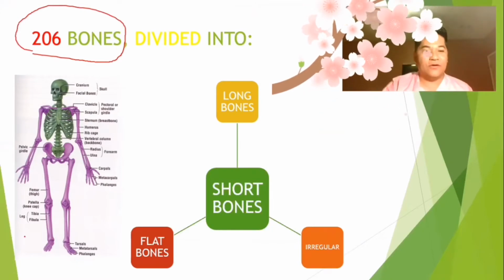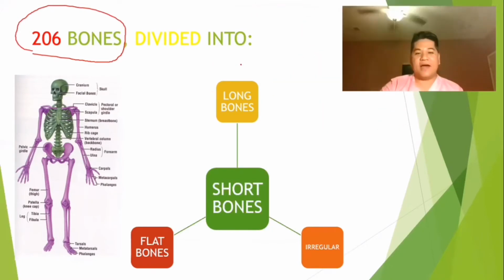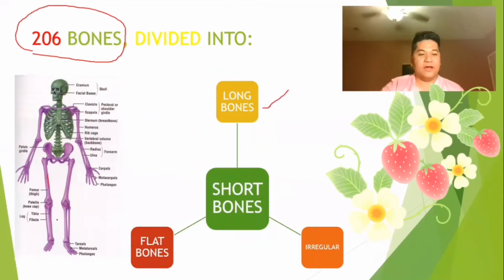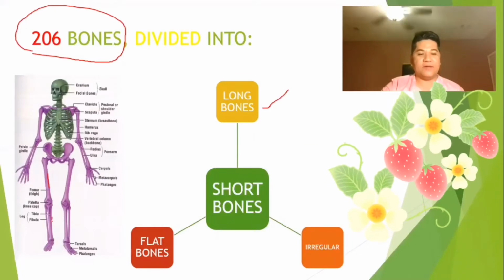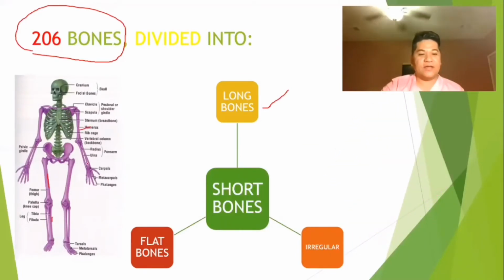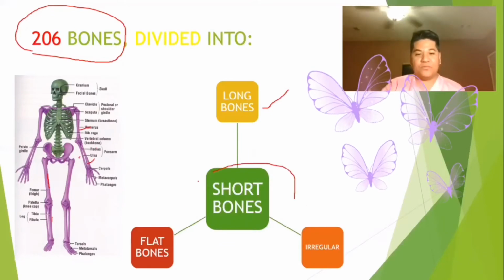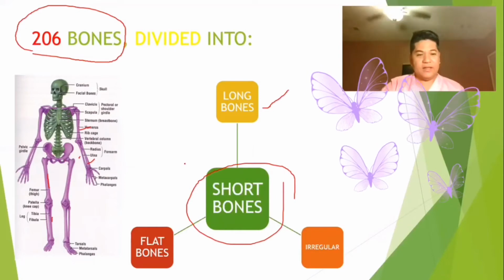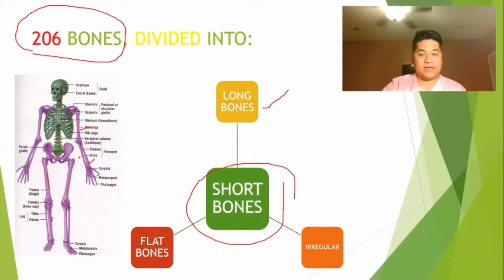So overall, that's it, divided into long bones. Examples of long bones are your femur, tibia, and fibula, and also your humerus, radius, and ulna. Short bones are like your carpals and your metatarsals.